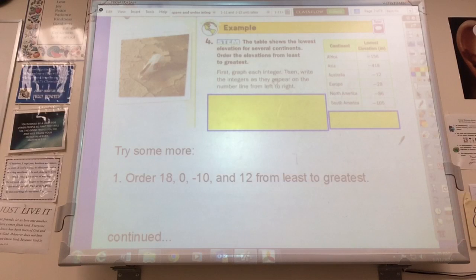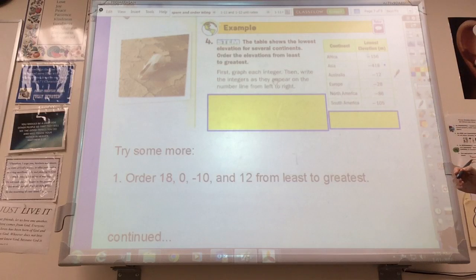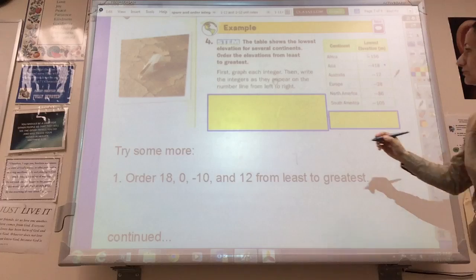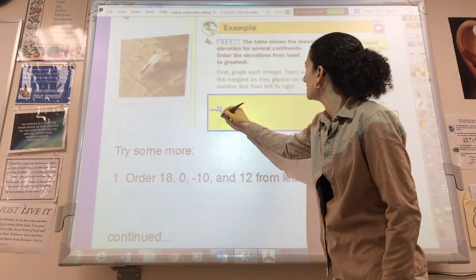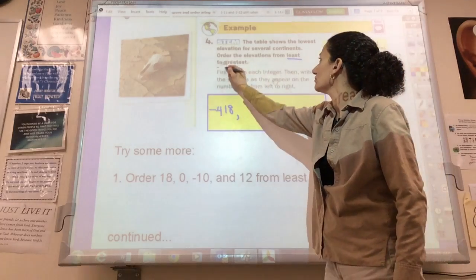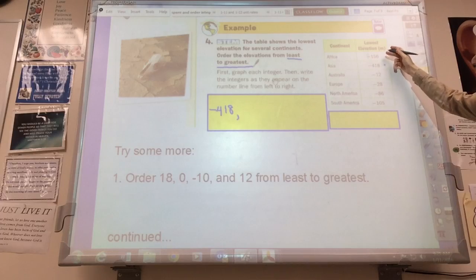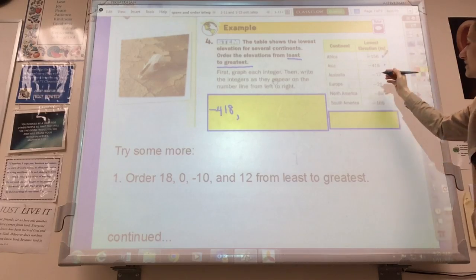So I'm going to have to look for the biggest number here, and that tells me which one is the smallest. I can see here that Asia has a low elevation of -418. That's going to be my smallest integer. Again, I'm going from least to greatest. So that's my smallest. The next biggest number here is 156.